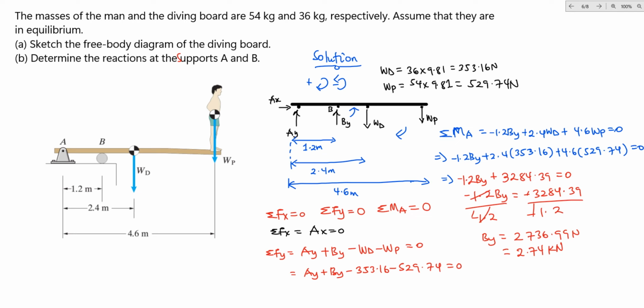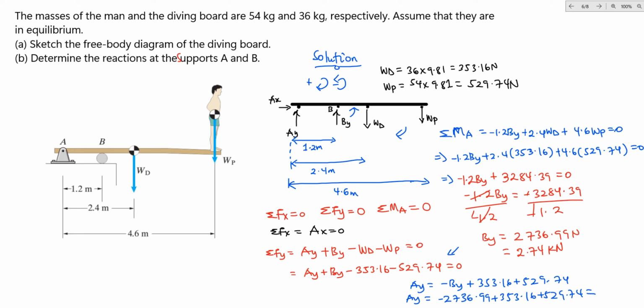Now let's substitute this into the equation we have here so that we can get the value of Ay. We are going to have Ay equal to minus By plus 353.16 plus 529.74, so Ay equals minus 2736.99 plus 353.16 plus 529.74.